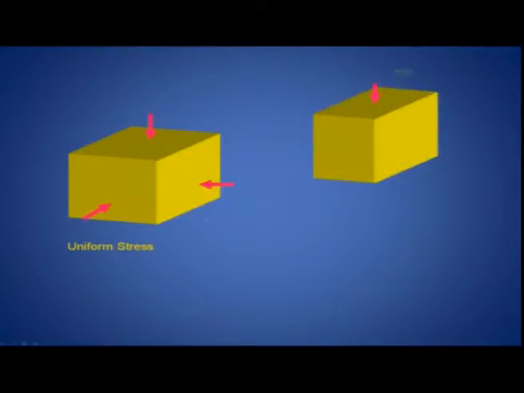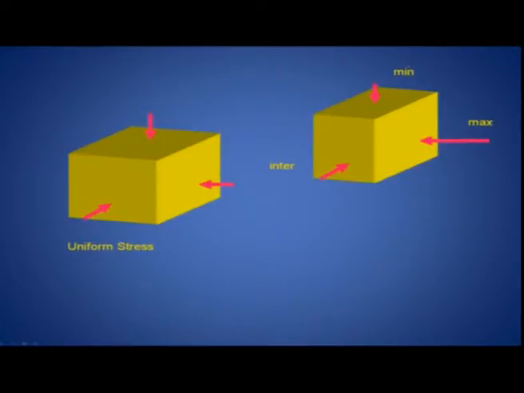Now, I already discussed that if you move into the deeper part of the earth, the deformation you see will be uniform, where we expect uniform stresses, but on the surface we have directional stresses. So, we have sigma 1, sigma 2, sigma 3, where sigma 1 is the maximum, sigma 2 is intermediate, and sigma 3 is the minimum.